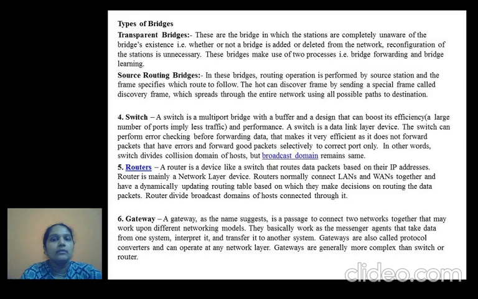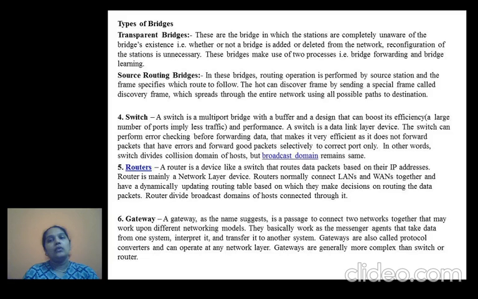Routers normally connect LANs and WANs together and have dynamically updating routing tables, based on which they make decisions on routing the data packets. The routing table is used by routers to route the packets to help send data from sender to receiver side.